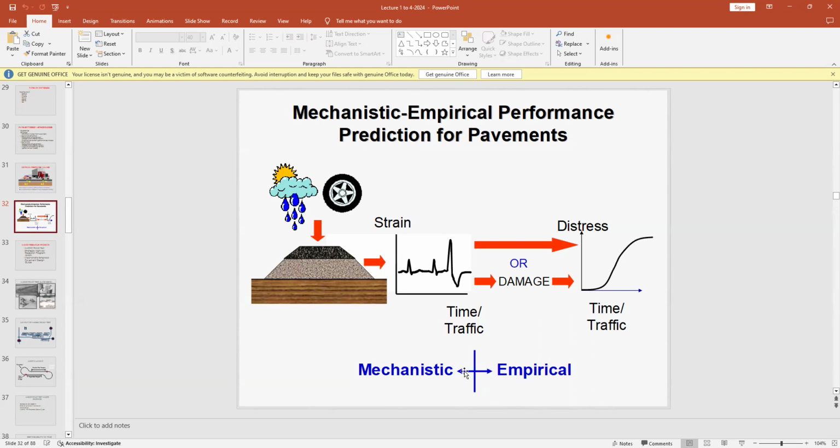So if you look at calculating the stress strain, that's what we call mechanistic. And calculating the behavior based on this time distress chart, this is what we call the empirical way. Mechanistic is also a mathematical way, but this chart may have another shape.